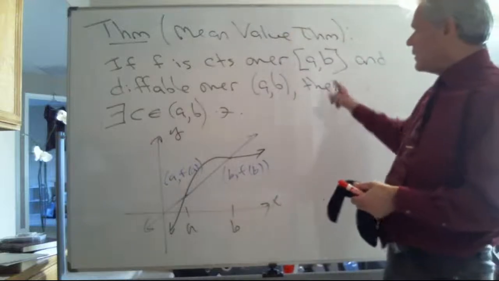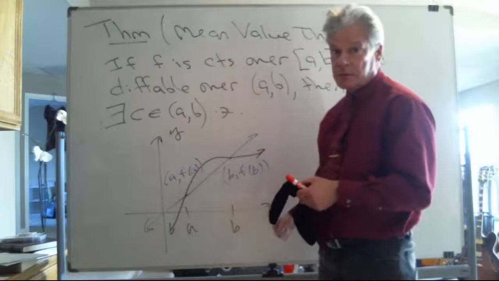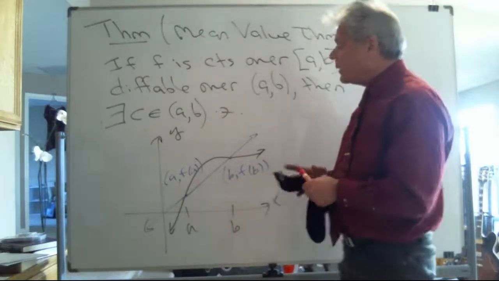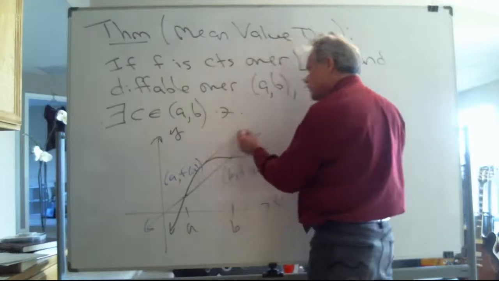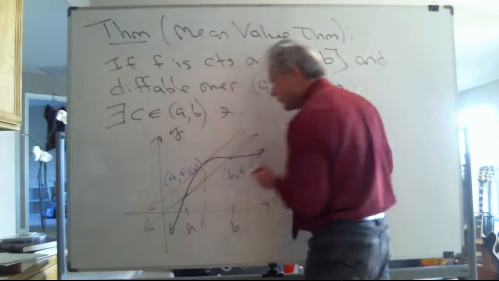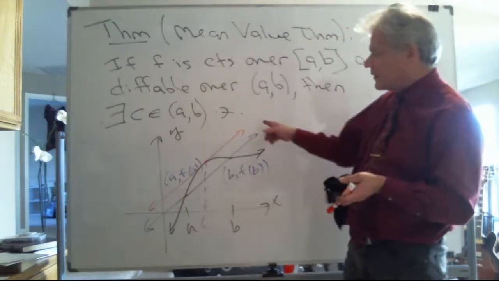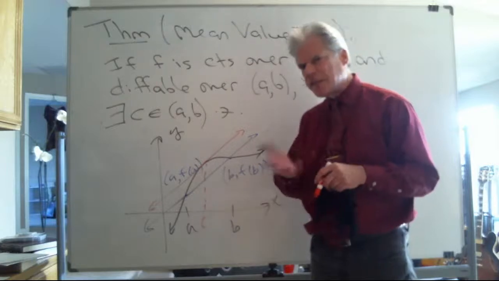Now, if I'm guaranteed continuity and differentiability over the interval from a to b, first closed then open, it basically means there's some value of x in between a and b for which the tangent line at that new value of x, I'll call it c, has the same slope as the secant line passed through the endpoints. I hope I said that sufficiently.